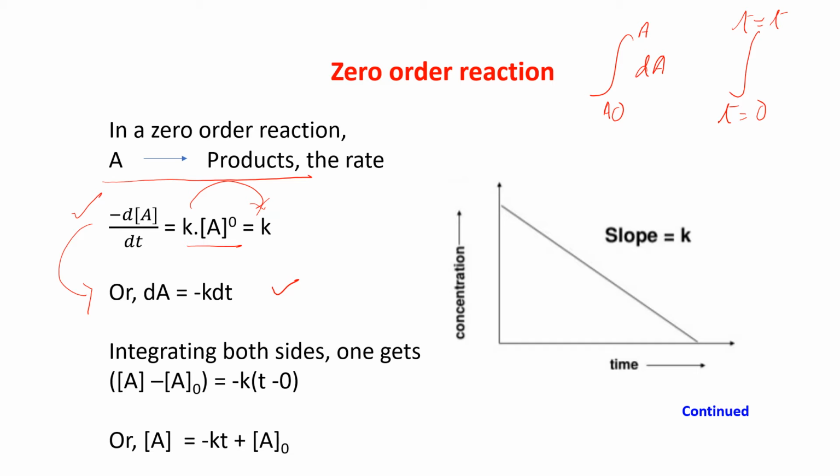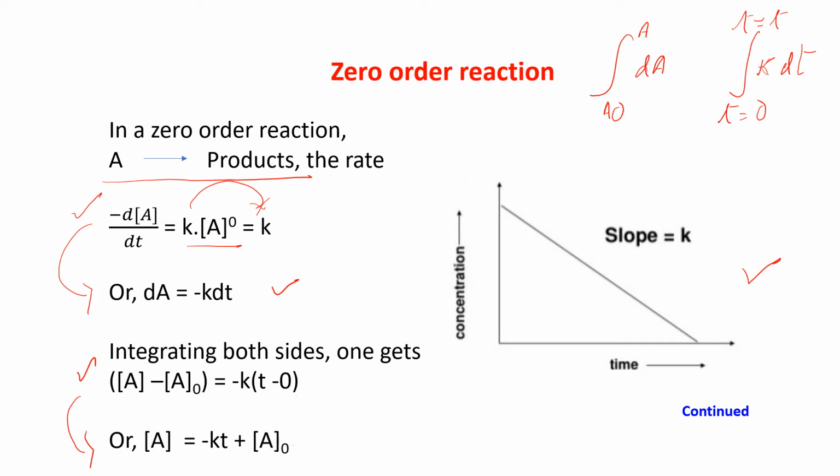If I am integrating this and k dt, I get A minus A0 is equal to minus k t minus 0. So from here I get A is equal to minus kt plus A0. No problem.